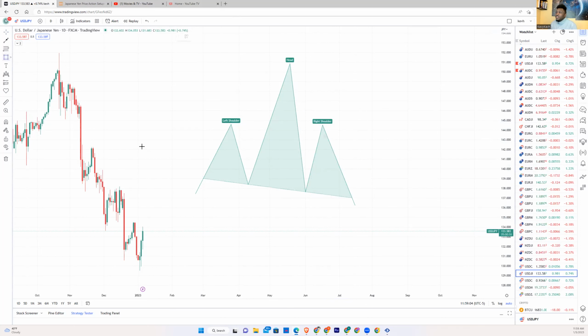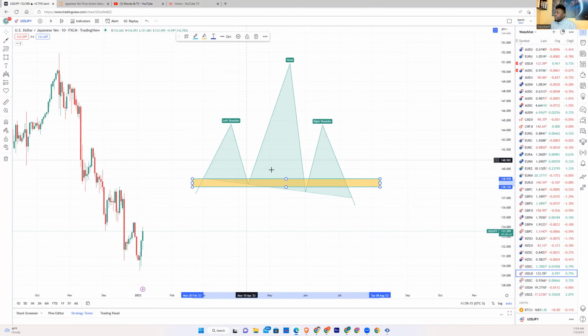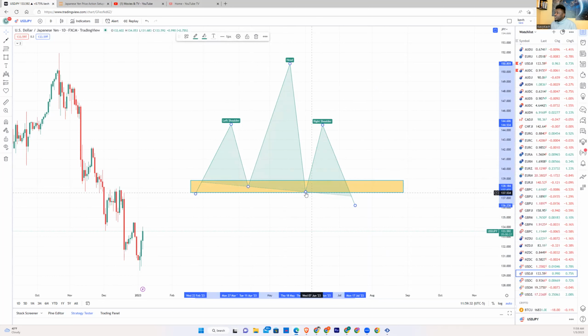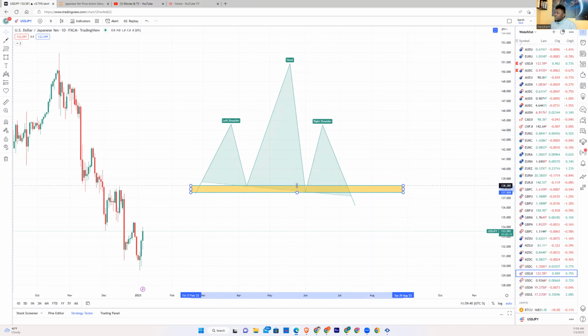And so what is the neckline? The neckline is this area right here. Yep, I should not have changed my colors. So this is the neckline over here. This is the area where this market, you can see this came in here, this came in here, and I'm choosing to have it exactly right there.